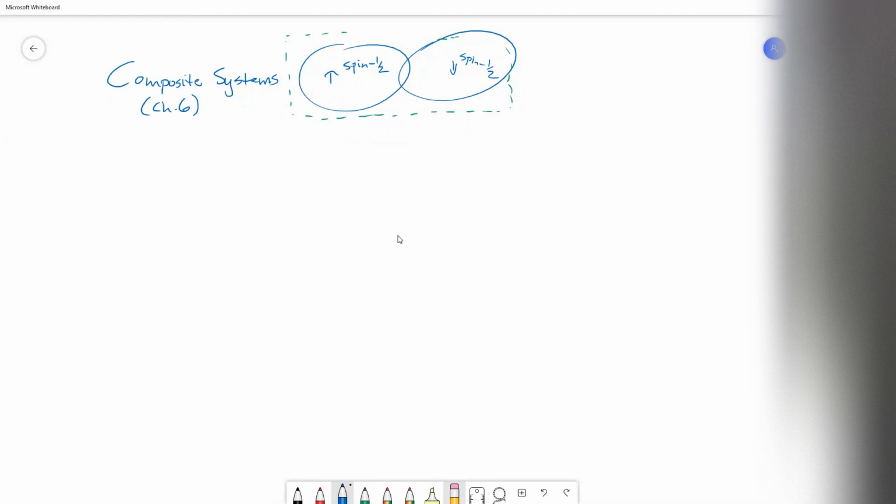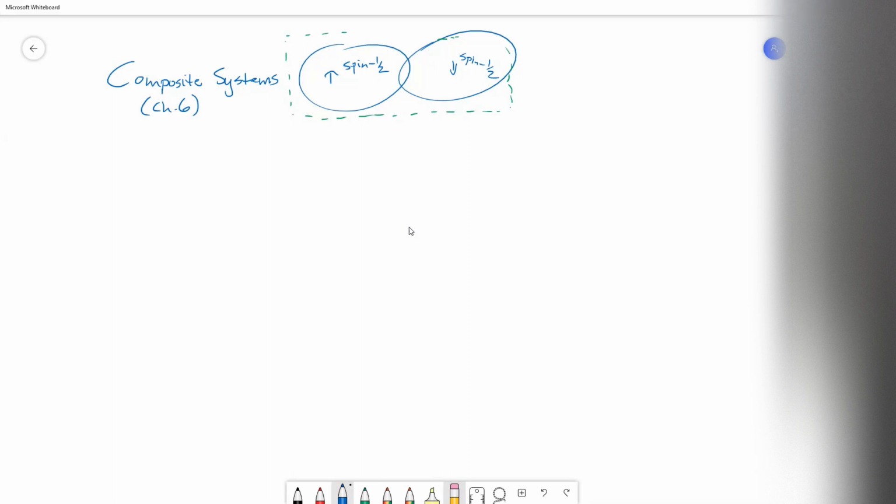For those of you following Sakurai, I don't really have a good way of telling you what to read there, because a lot of the concepts are embedded in the angular momentum chapter. Why? Because a lot of the interesting parts of angular momentum come when you want to add two different angular momenta together. So you want to add the spin angular momentum to the orbital angular momentum. Your electron has the intrinsic spin, but it's also living in some atom, in some orbital.